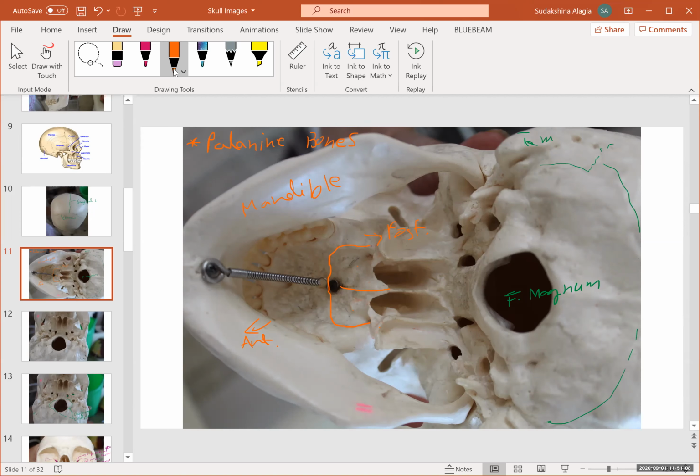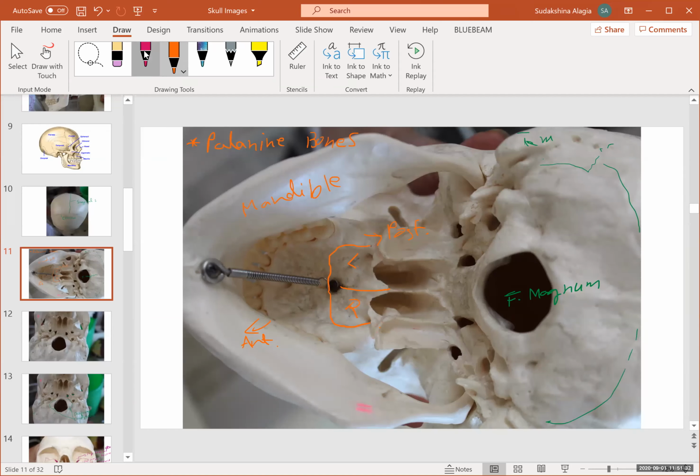They are only visible from the inferior aspect. Palatine bones are probably the deepest bones of the cranium. Left and right. These are the two palatine bones.